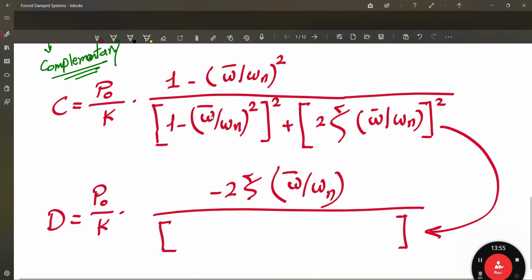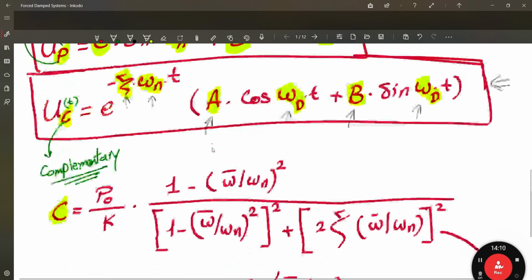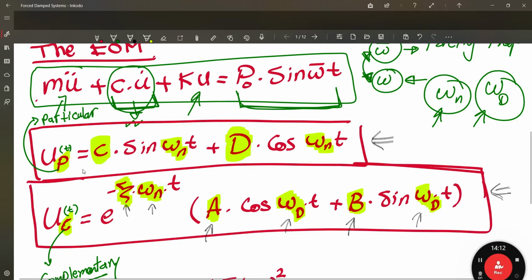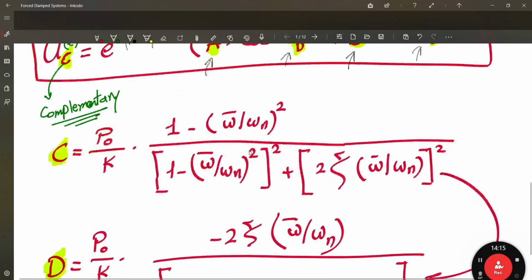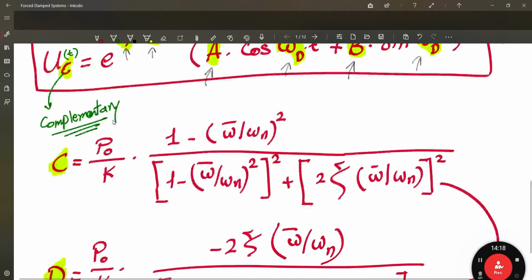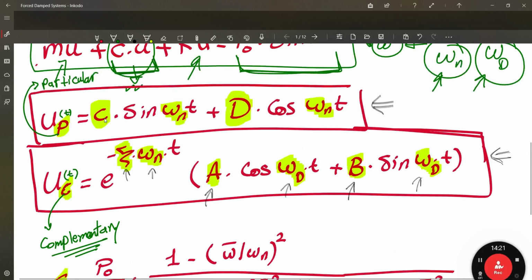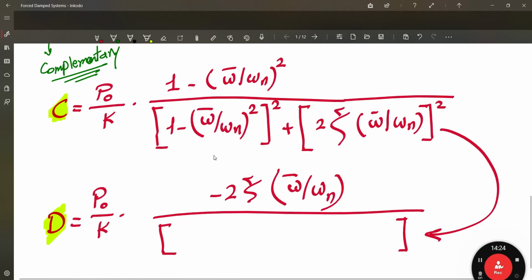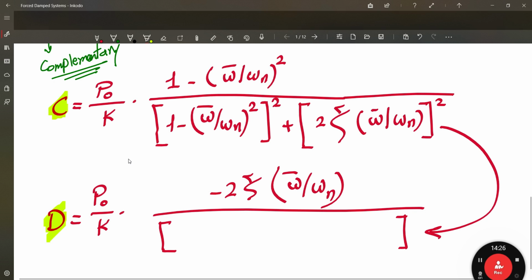Now let's go again and understand what the factors here are. Remember that we need to understand the meaning of each coefficient. C and D are just constants in our particular solution. When we derive the values of C and D, we found that they are related to these parameters, which is P node over K. What is P node?